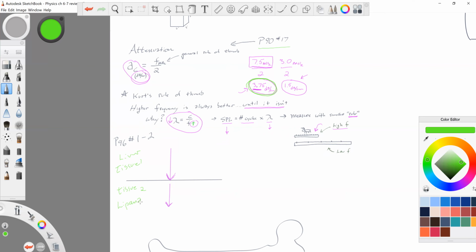Soft tissue to soft tissue interfaces always produce surprisingly small echoes. Usually less than 1% between liver and fat, liver and muscle, or so. Usually about 1% is reflected, which means 99% is transmitted.